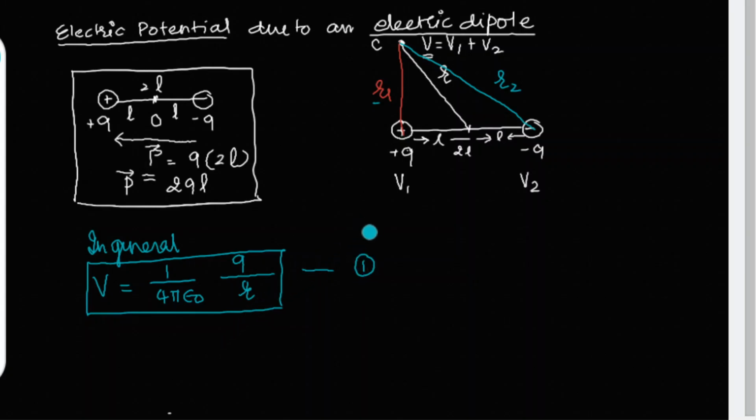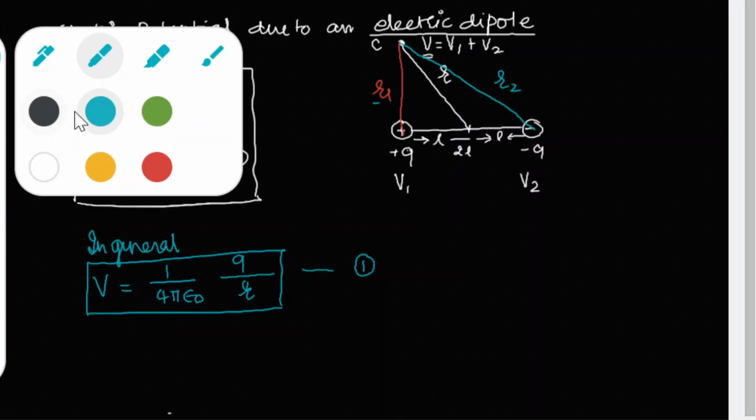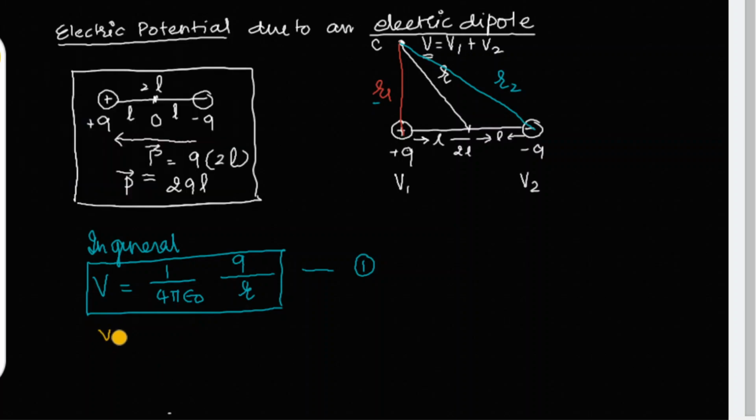Now let us consider V1 and V2, because we need to find V. So V1 is equal to 1 upon 4 pi epsilon 0, all the things are similar. Here V1 potential is due to which charge? Positive charge.